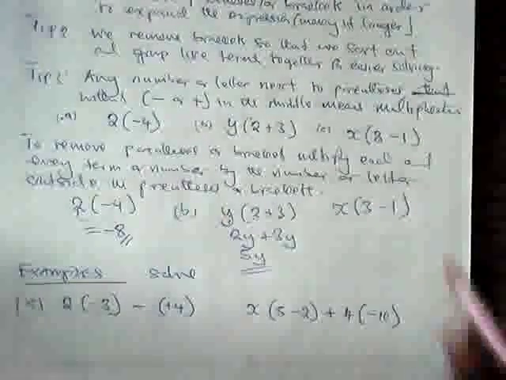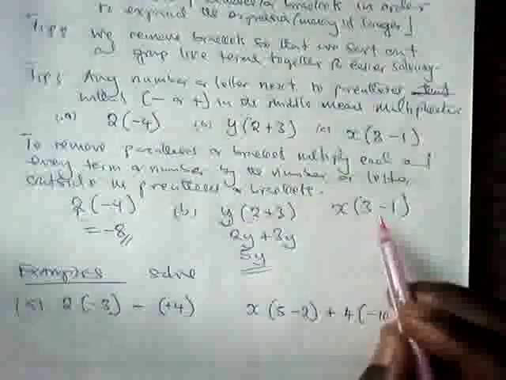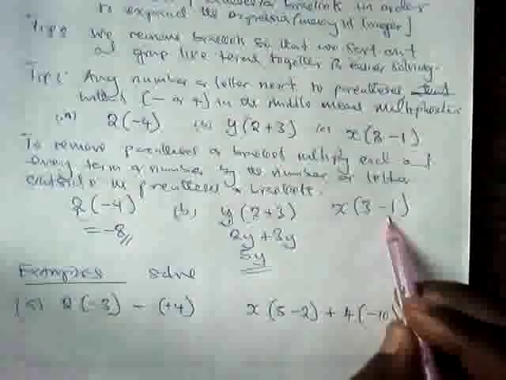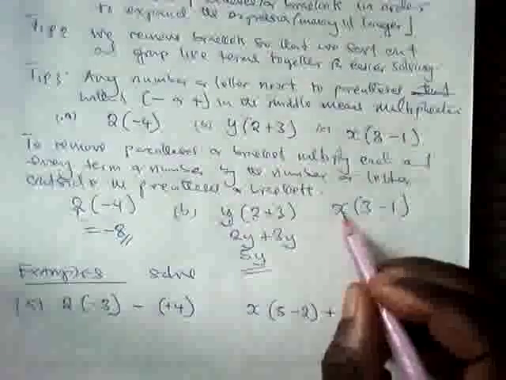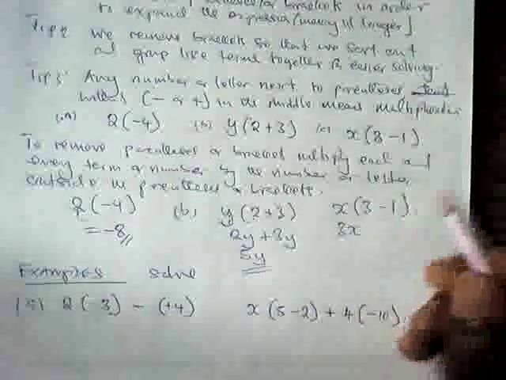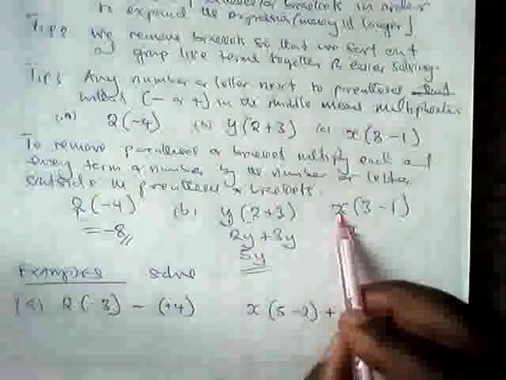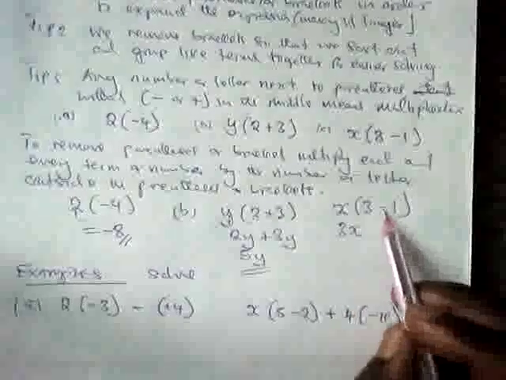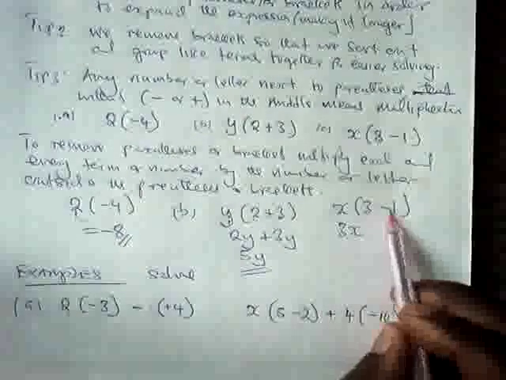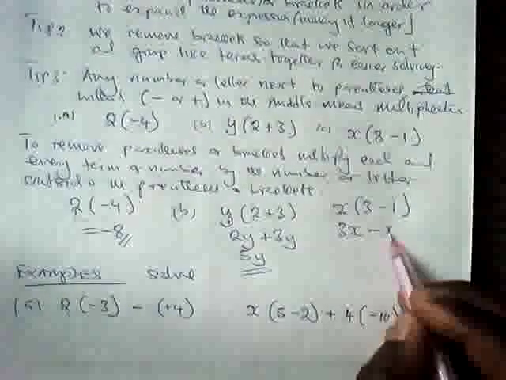So the next thing that we have is x, then 3 minus 1. We multiply x by each and every item inside the bracket. So x times positive 3, that is 3x. Then x is positive here, but this one is negative. So positive times negative, different signs, that is negative x.